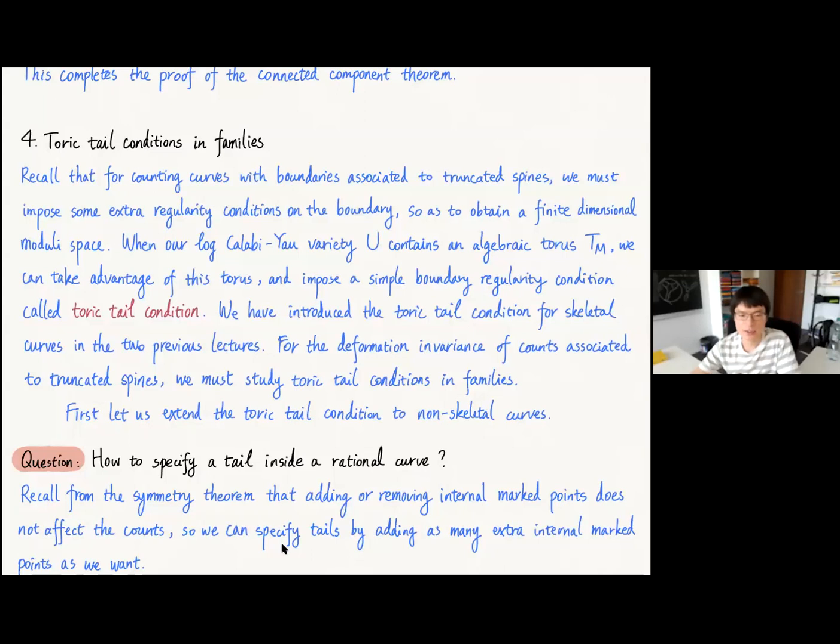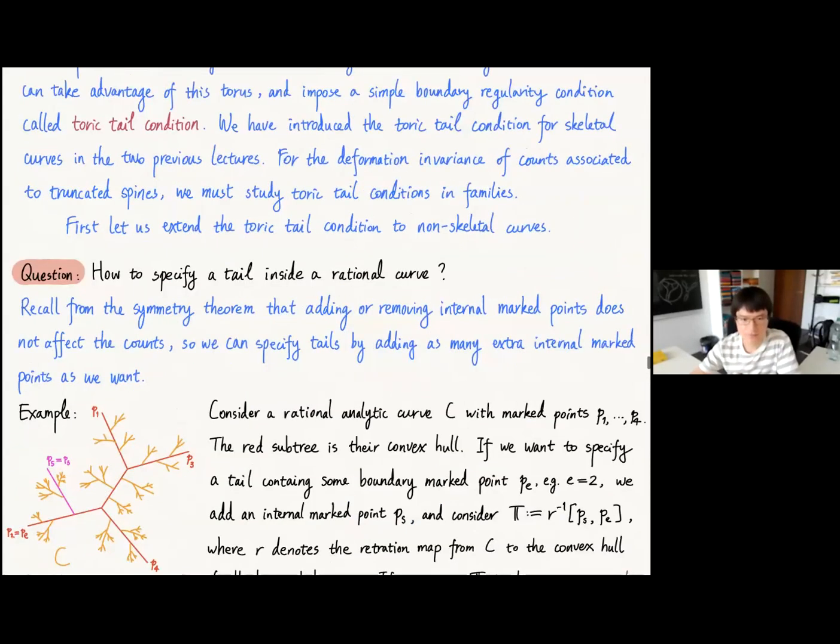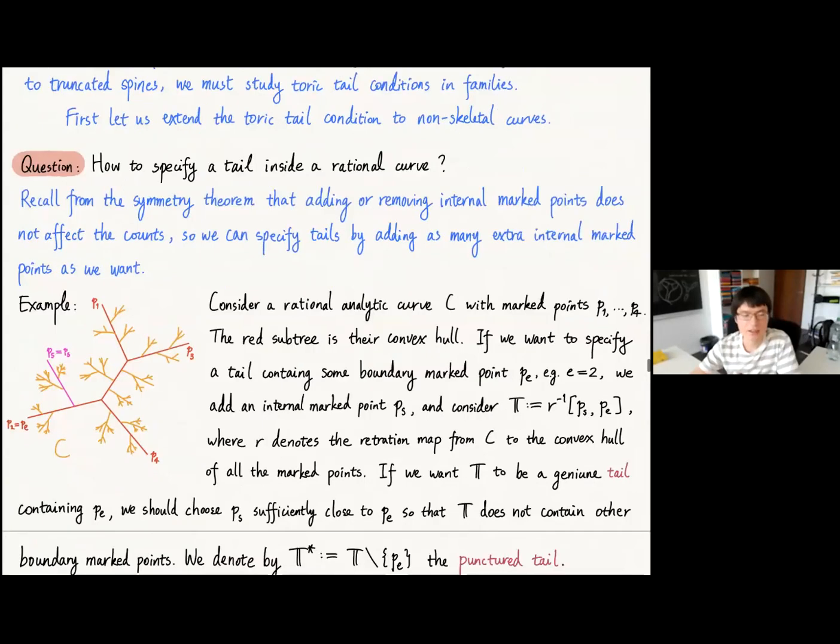So we can specify tails by adding as many extra internal marked points as we want. For example, consider a rational analytic curve C with marked points P1 to P4.